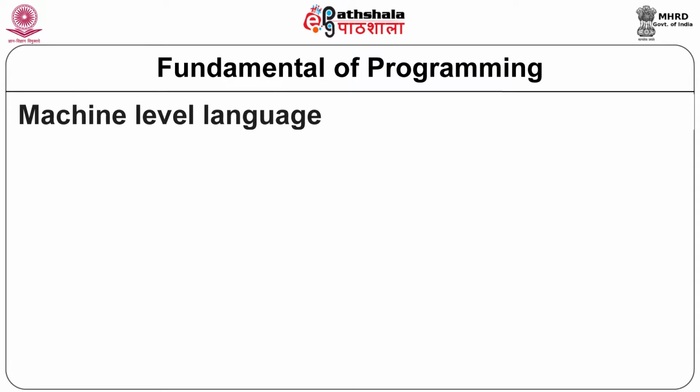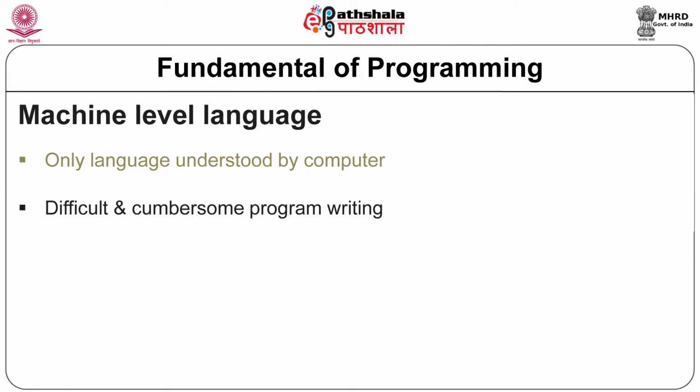Machine language, the first language, called a low level language, is the only language understood by computer hardware. Writing programs in machine language is really difficult and cumbersome because we need to learn so many instructions, and instructions are difficult to remember.